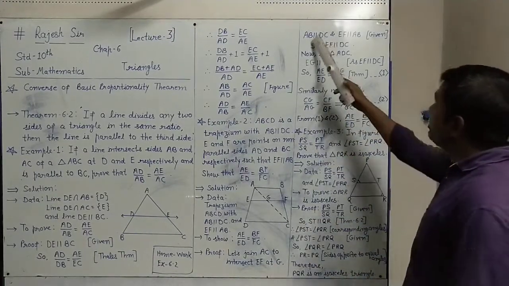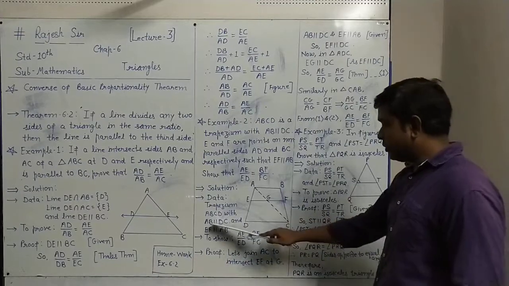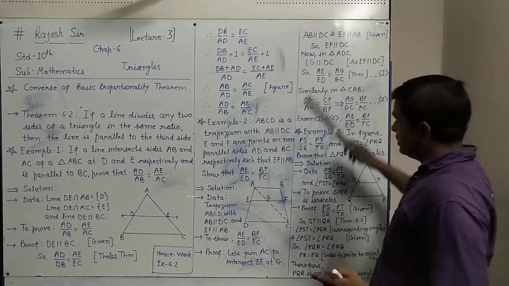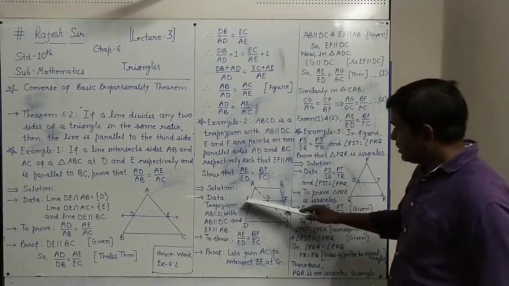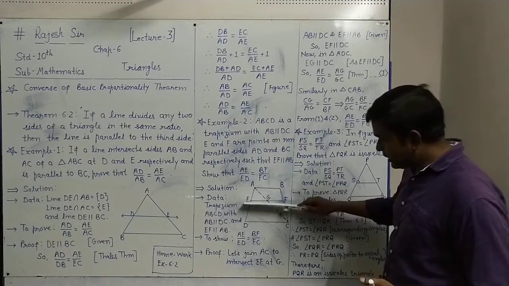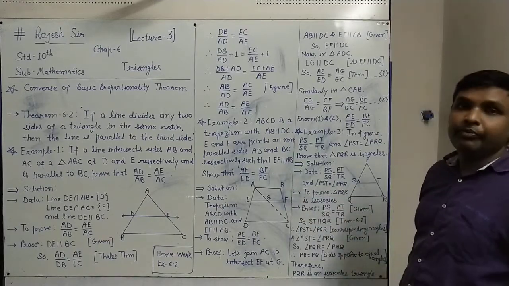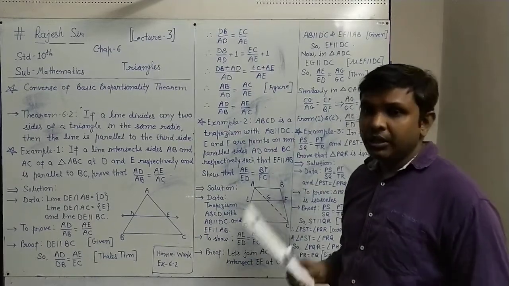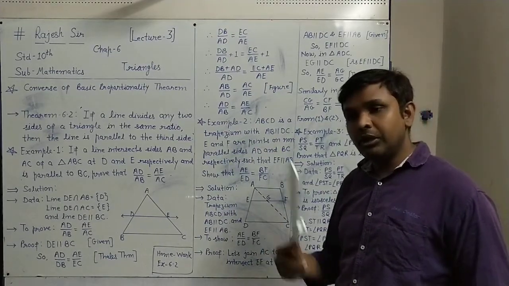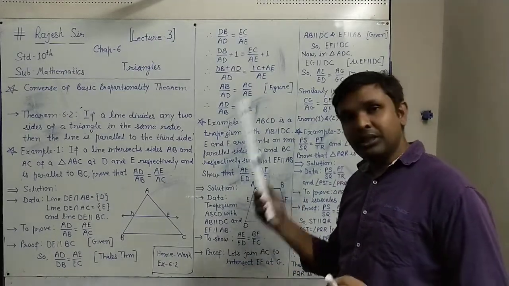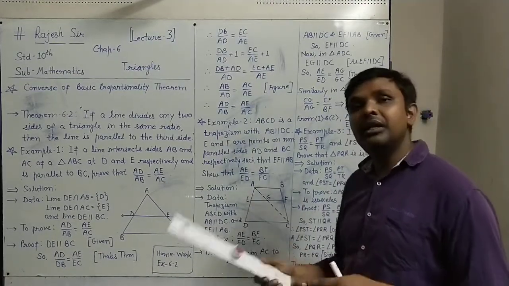So AB parallel DC, which is given, and EF is also parallel to AB, both the things are given. What is given, that means EF is parallel to AB and DC is also parallel to AB. So this EF will also be parallel to DC. Parallel lines law: if one line is parallel to another line, and that one line is parallel to a third line also, then the second and third lines are also parallel.